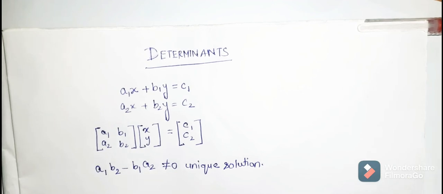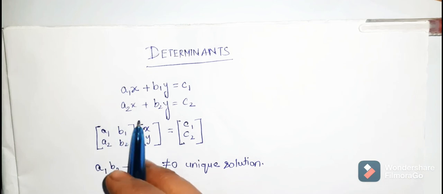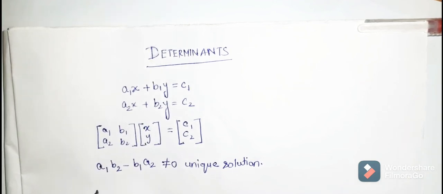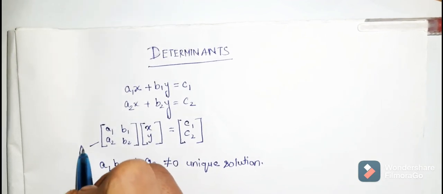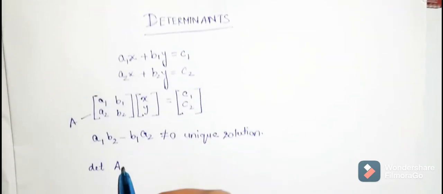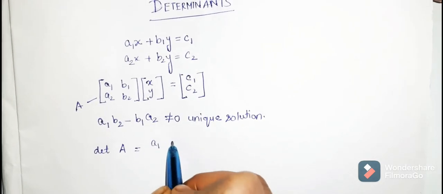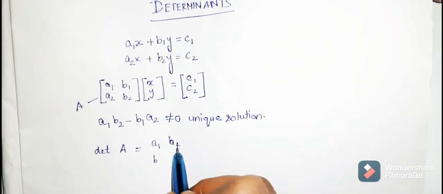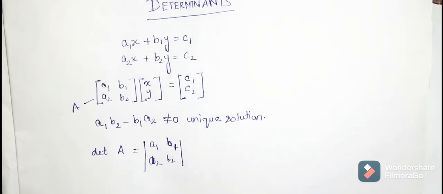And if we have to write the determinant, we write it as determinant of A, means if you take this as matrix A, then determinant of A equals a1 b1 a2 b2.